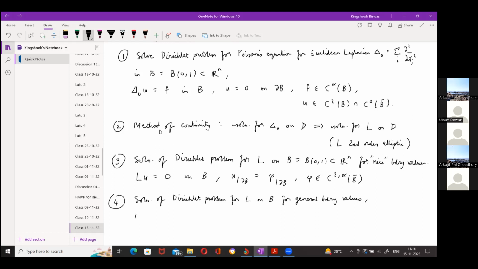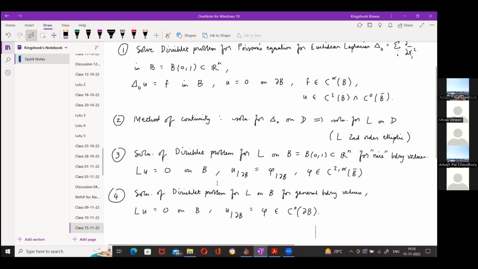So here we had Lu equal to 0 on B, u restricted to boundary B equal to phi, and phi was just any continuous function on boundary B, right? Right. Is this okay?